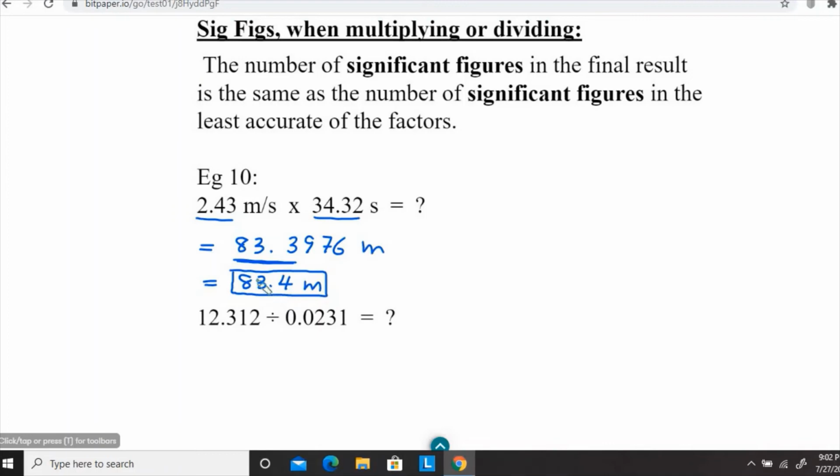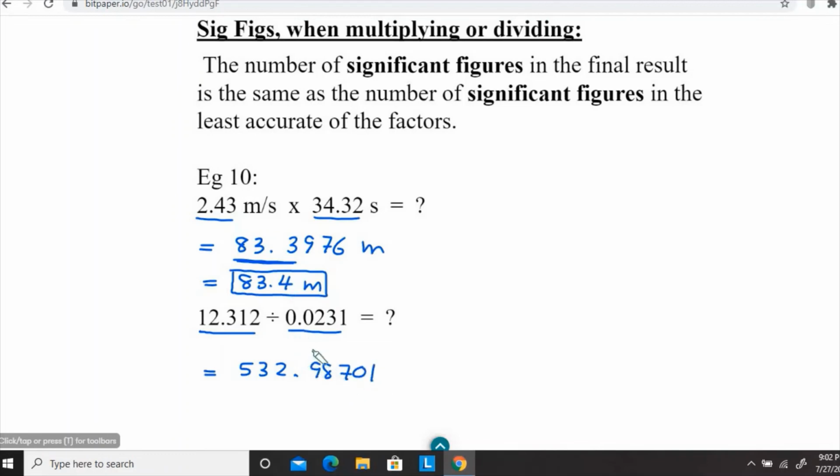So that is how we come up with the final answer looking at the significant figures of the least accurate factor. Similarly, if we have two factors to divide, again we look at which factor has the least significant figures. So here we have 5 sig figs. However, on this number we have 3 significant figures. So when we divide this, we are going to get 532.98701.